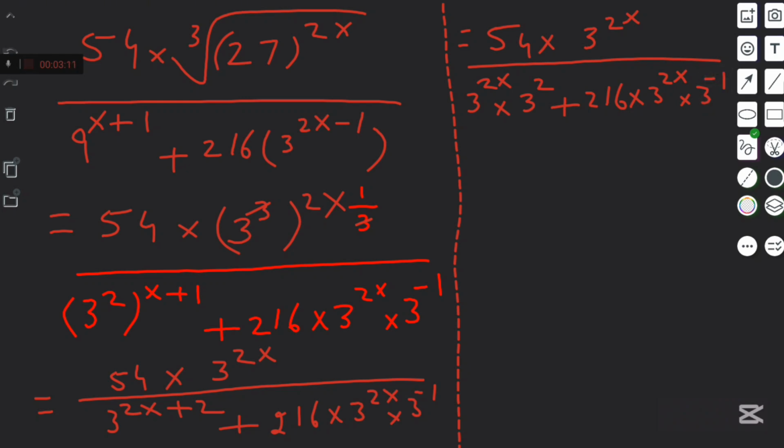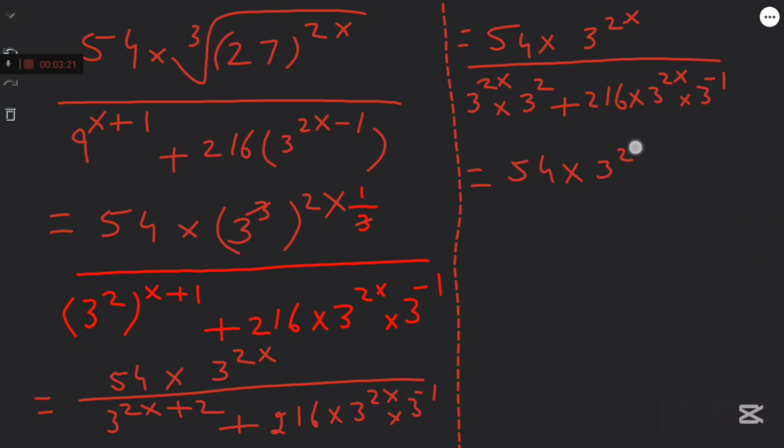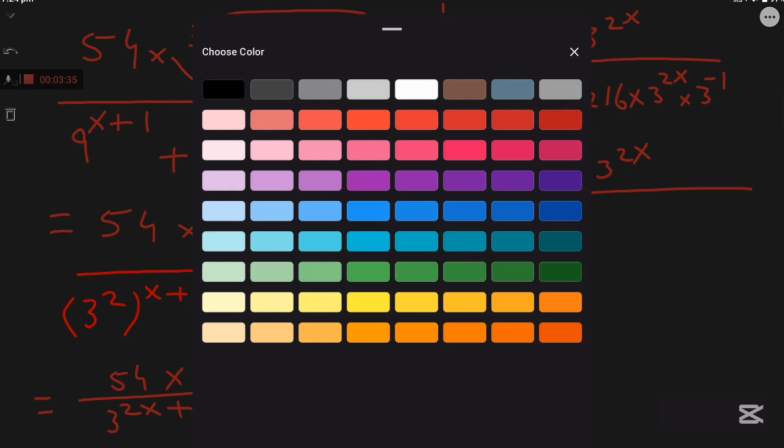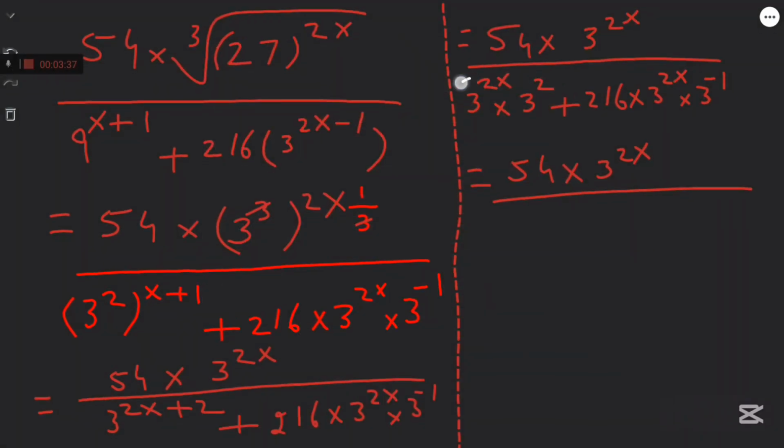Okay, so in the next step I can write 54 times 3 power 2x, and then divided by, I can see 3 power 2 here. This 3 power 2x is common in both terms, so I can take this term common.